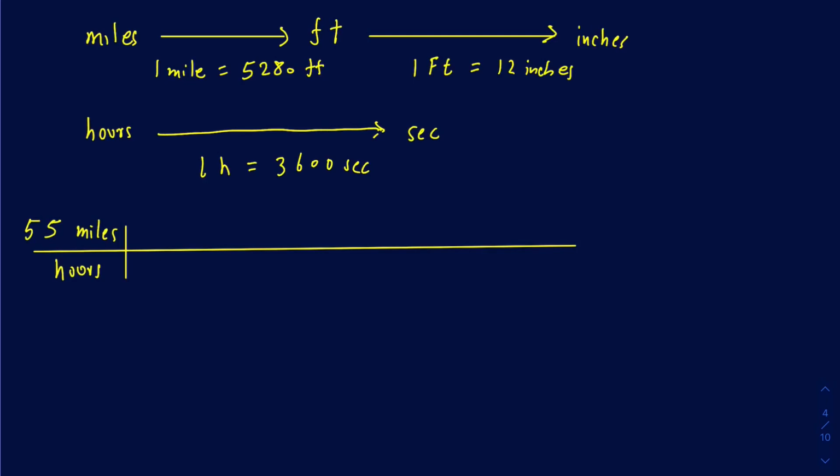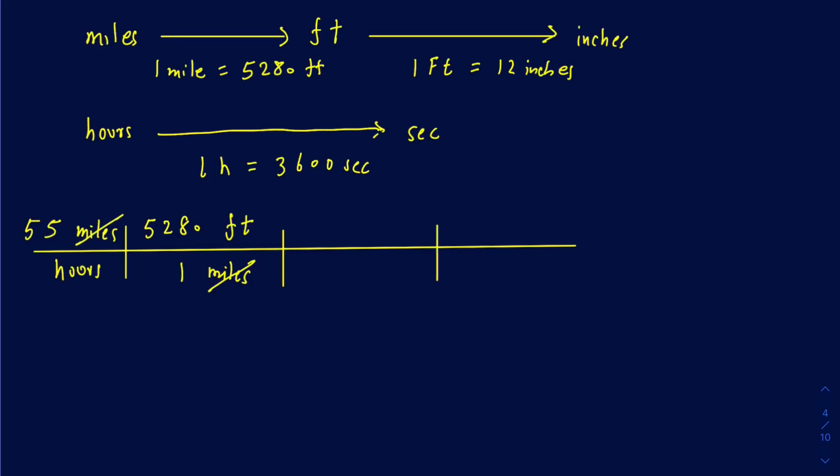So I want to focus on the miles first. In this particular case, the miles needs to be converted to feet in the first conversion factor. So the feet goes on the top and your miles goes on the bottom. And then you know 1 mile is about 5,280 feet. So that's the conversion factor you want to use there. By doing so, the miles cancels out.